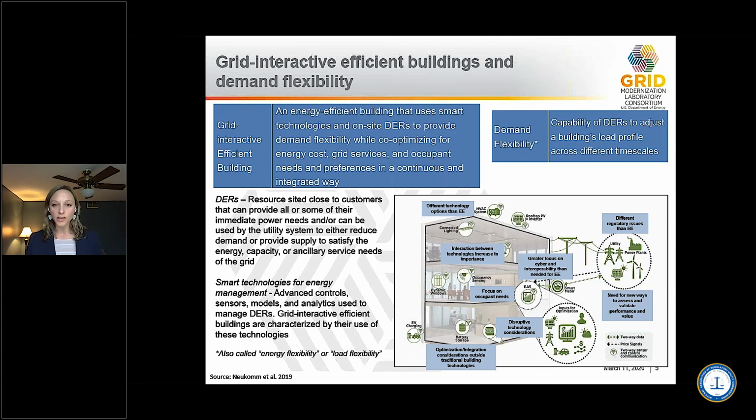It has different technology options than just an efficient building, like smart technologies such as advanced sensors and controls, and data analytics that can manage distributed energy resources and adjust demand profiles. And there's more of a focus on technology interaction, interoperability and integration of technologies that are outside of the building too, such as rooftop PV and EV charging. Slide 6, please.